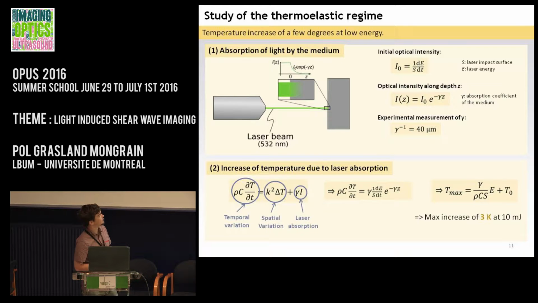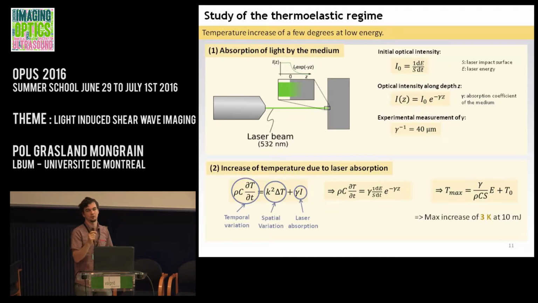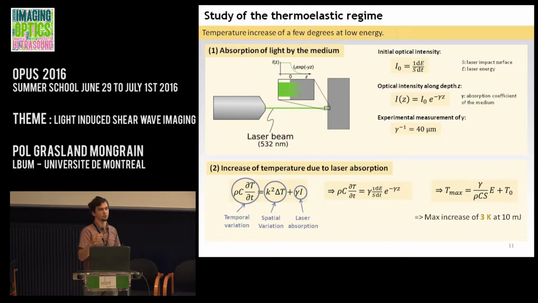There is a gamma, which is the absorption coefficient of the medium, and in our case we have measured it and it is 40 micrometers. We measured this by taking different slices of thickness of the medium, and we just measured the amount of light that was transmitted.